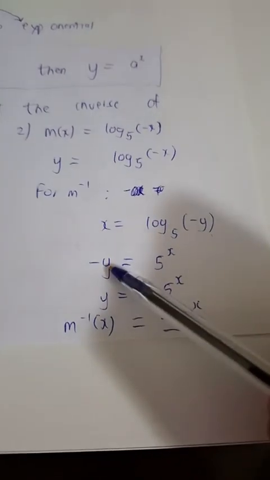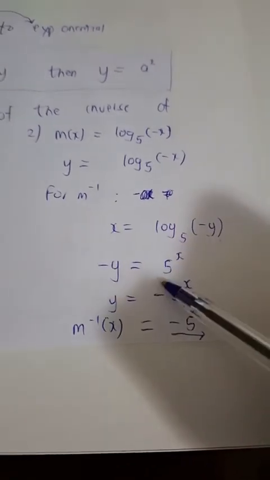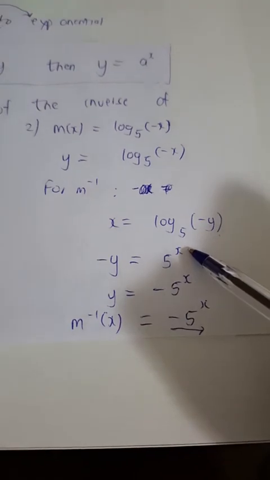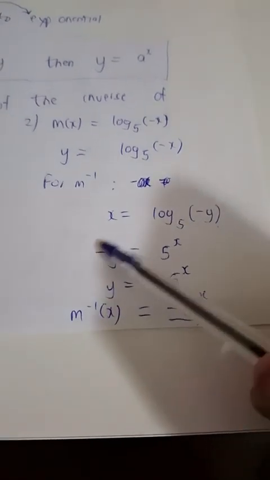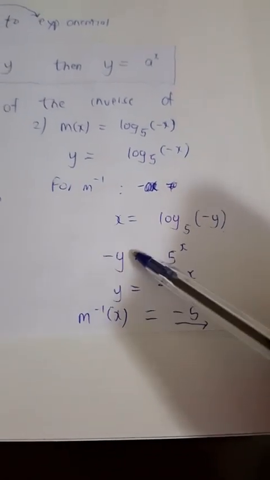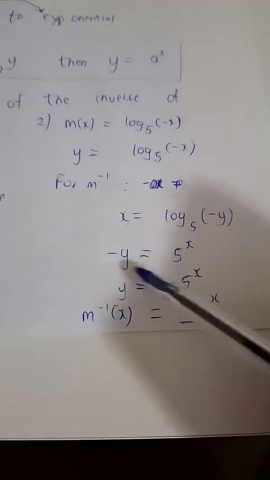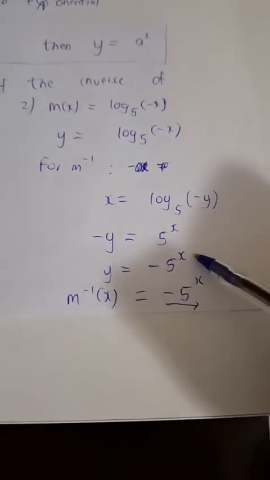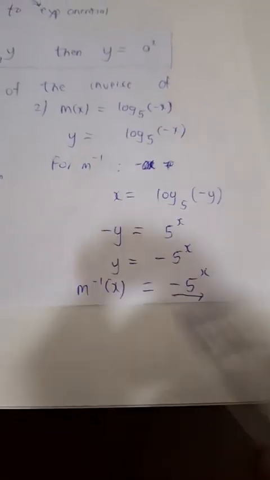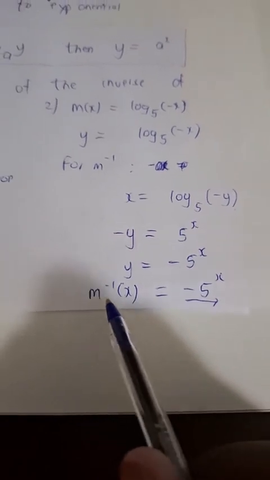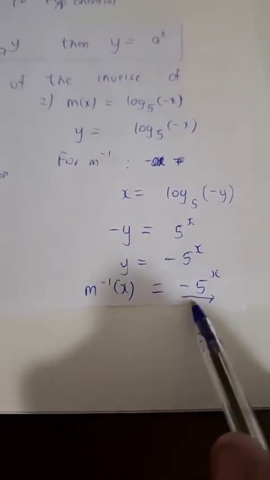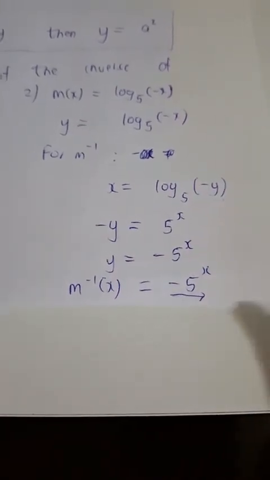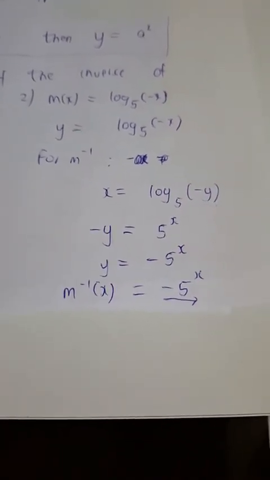Negative y is isolated, log falls away. So that's why the equation is negative y is equal to 5 to the power x. Then we need to always make the subject positive, so we divide both sides by negative 1. This leaves us with y is equal to negative 5 to the power x. Therefore, the inverse of the function is equal to negative 5 to the power x. You must always take note of what form they ask us to leave the answer in.